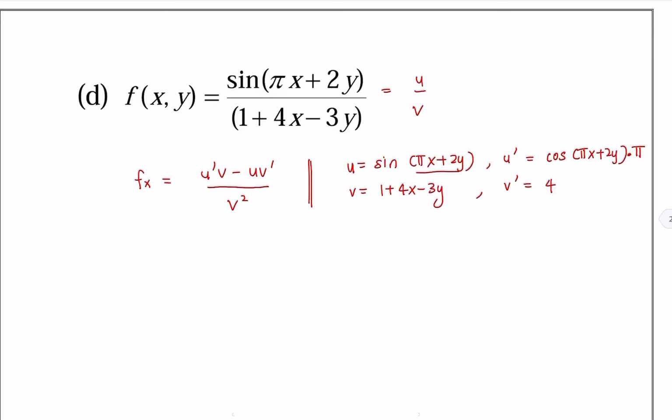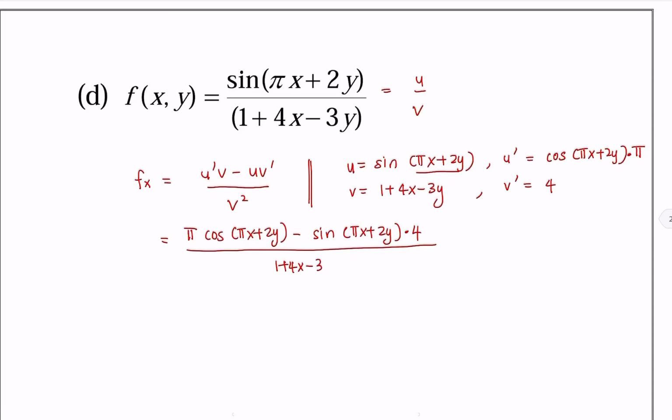Therefore we just substitute. We bring π in front: cos(πx + 2y), minus u which is sin(πx + 2y), times v' which is 4, over v squared. v squared is (1 + 4x − 3y)².